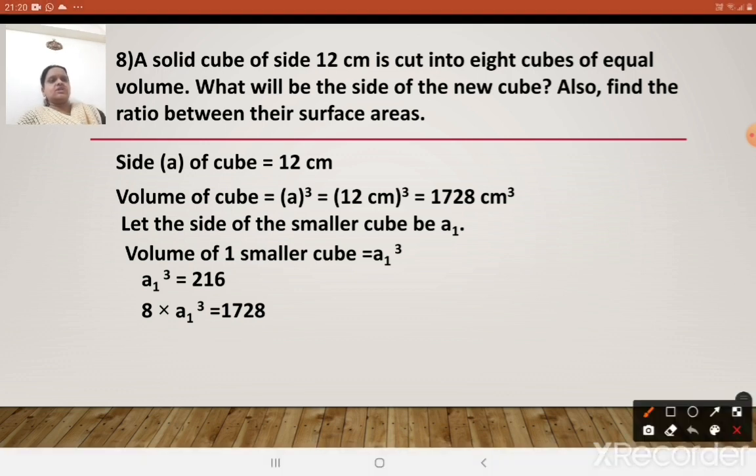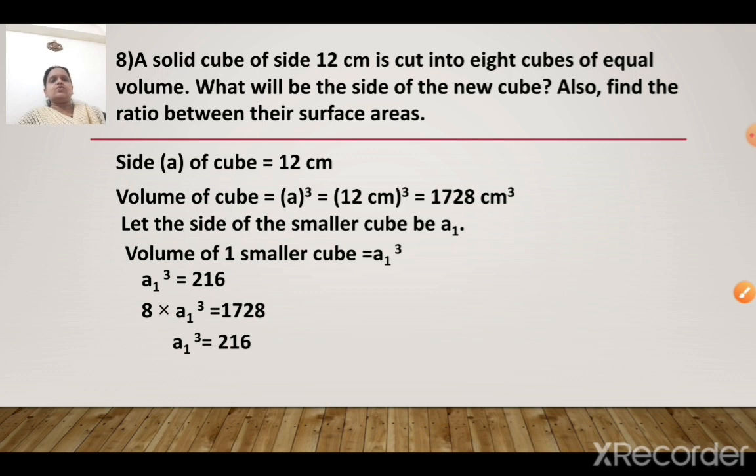This is actually the last step. So the volume of a smaller cube into 8 is equal to the volume of the bigger cube. Therefore A1 cube equals 216.